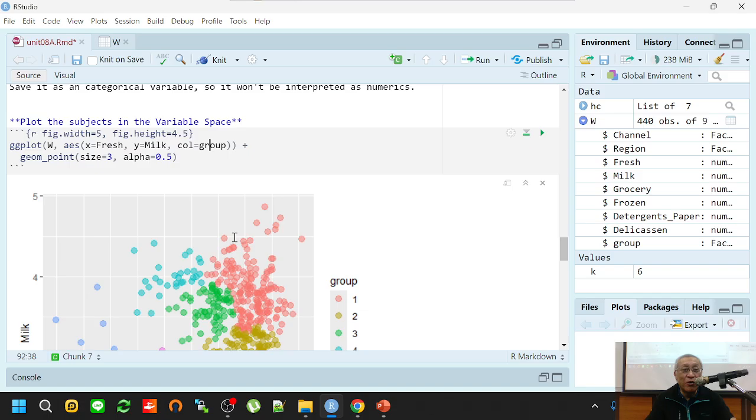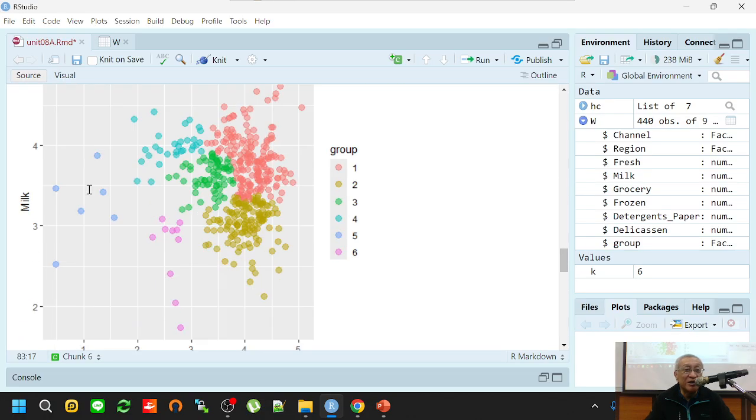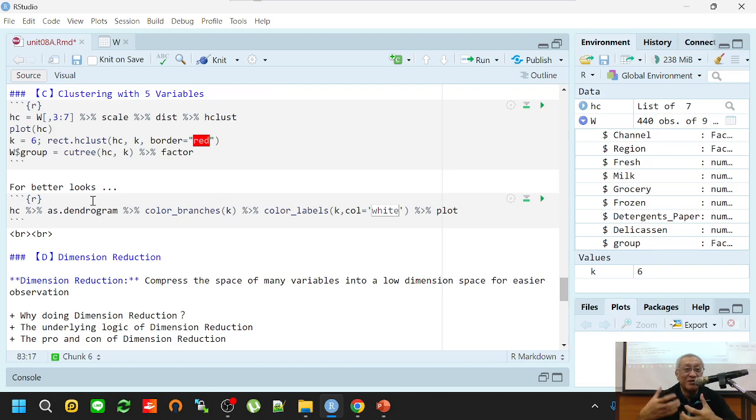But right now, in this case, I only use 2 variables for the clustering. In reality, we might want to use all of the product categories to do the clustering.